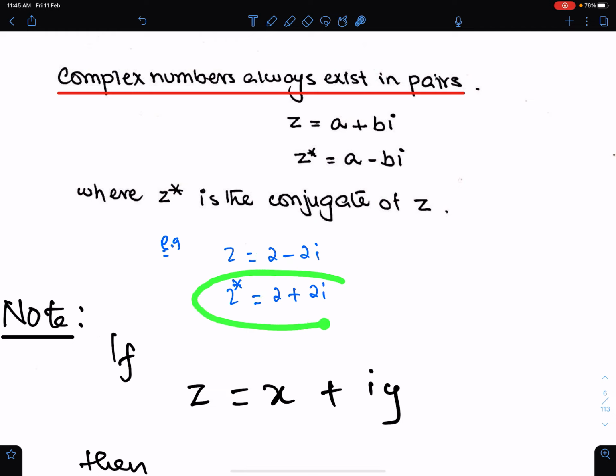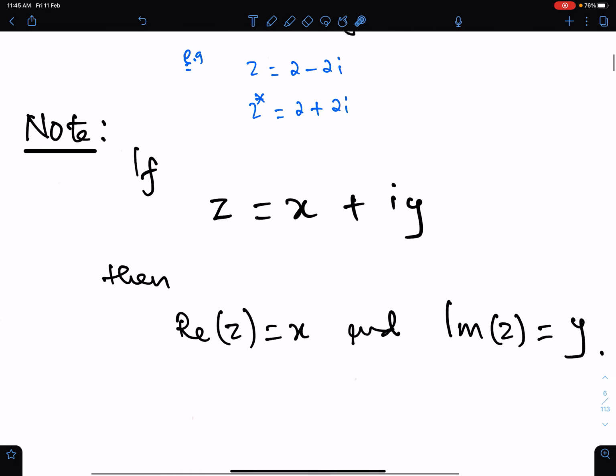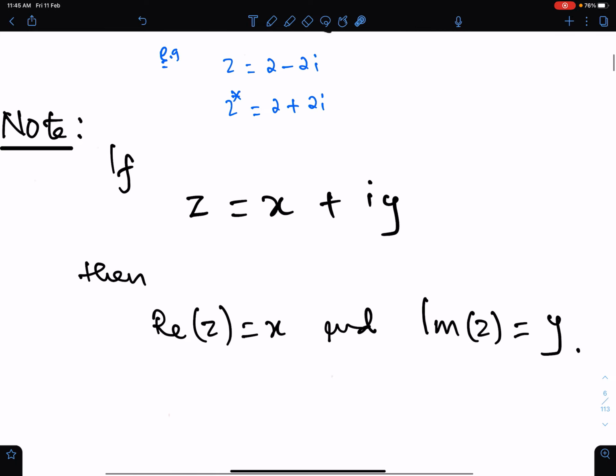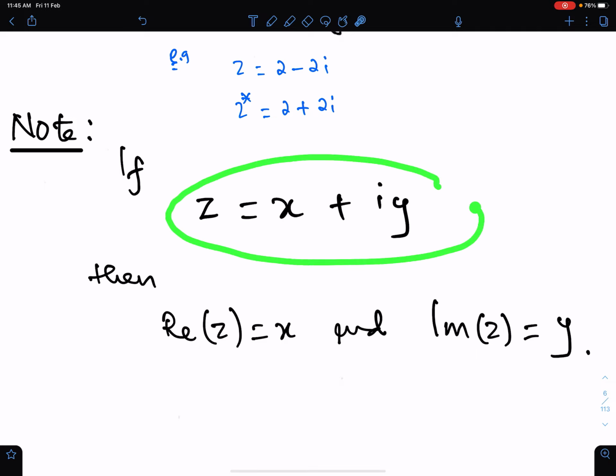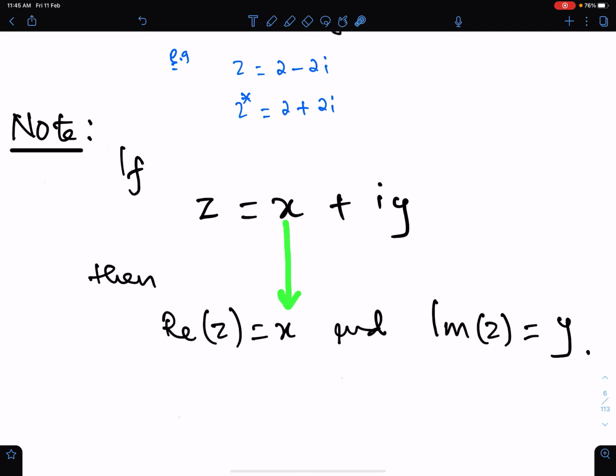So this is the conjugate of this complex number and it is represented by z star. I already have discussed that x means real part of z and y means imaginary part of z.